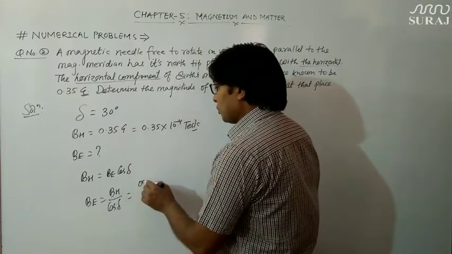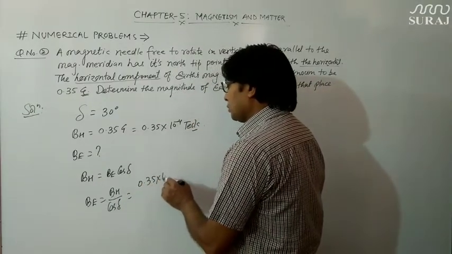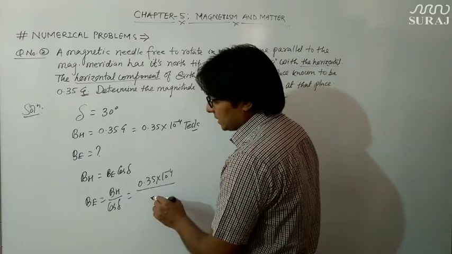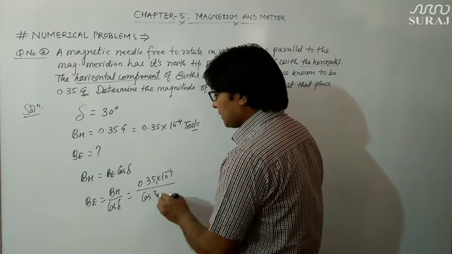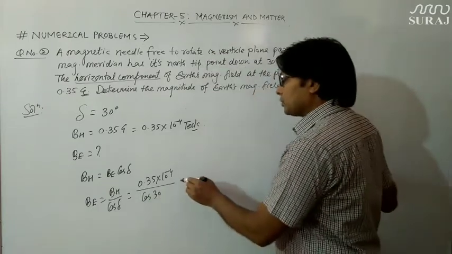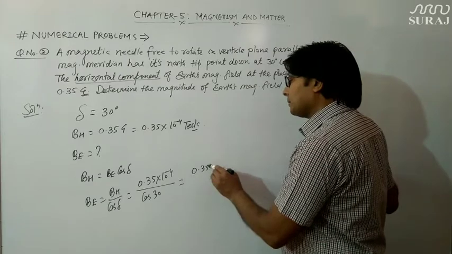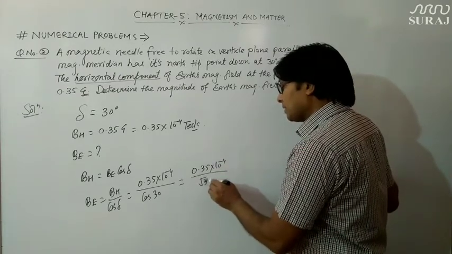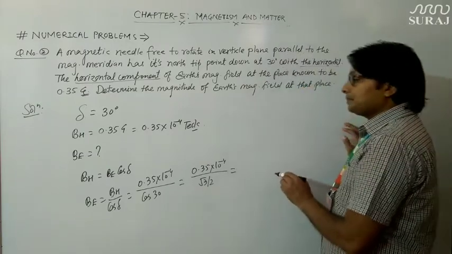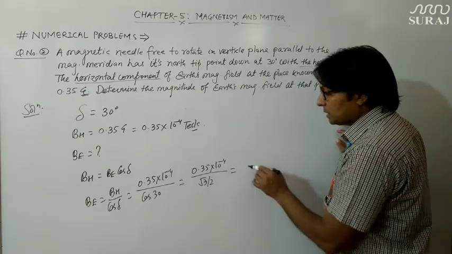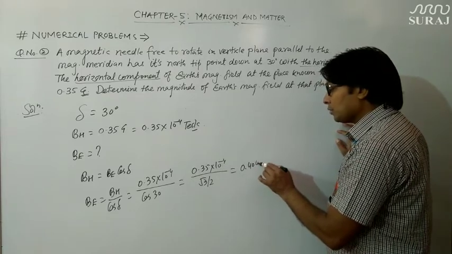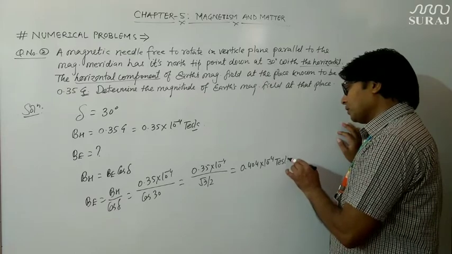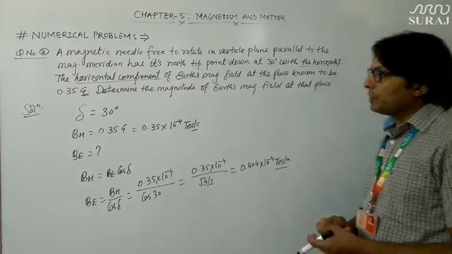BH is 0.35 into 10 to the power minus 4 divided by cos 30 degree, which is root 3 by 2. When you solve this, the value comes out to be 0.404 into 10 to the power minus 4 Tesla. So this will be the answer.